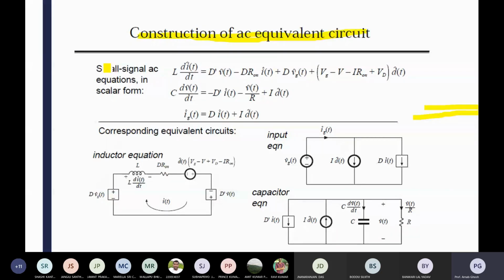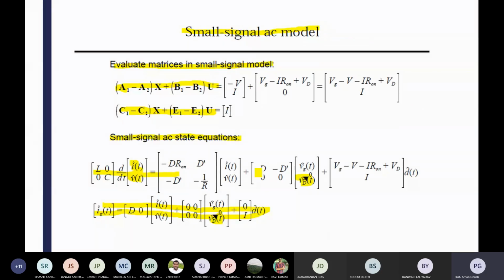The small signal AC equations in scalar form: L d I cap/dt equals d' V cap(t) minus d R_on I cap(t) plus d V cap(t) plus (Vg minus V minus I R_on plus Vd) times d cap(t). You will get that expression from the previous equation. If you evaluate them, you will get this final one.